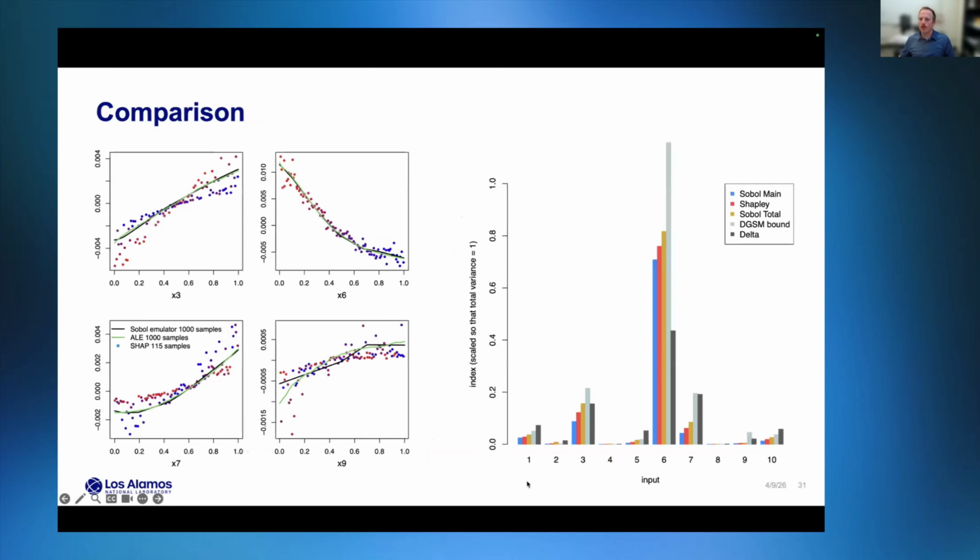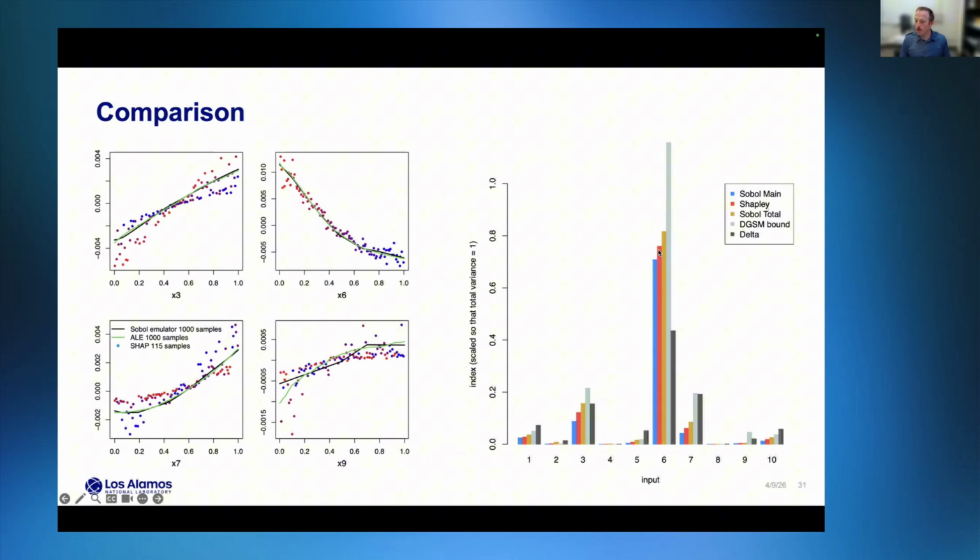So just to show you, we did for PTW the Sobol index, the main effects in blue here, and the total effects in orange, and the Shapley effects are in between them. That's actually for independent inputs.